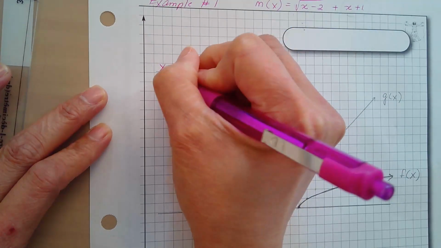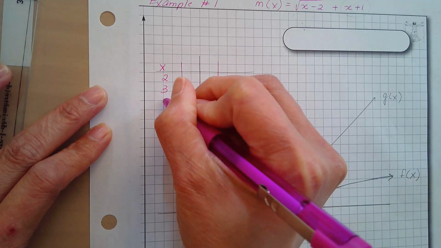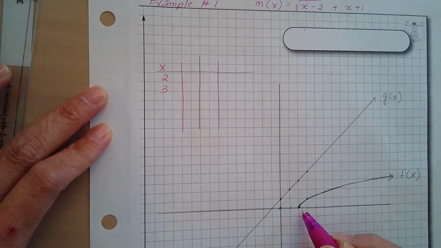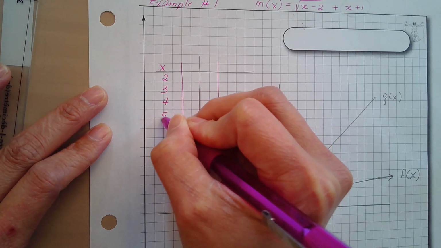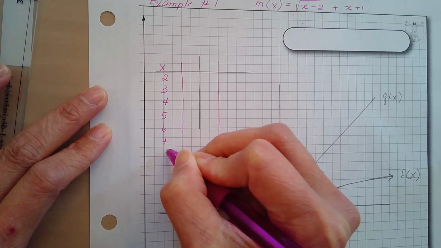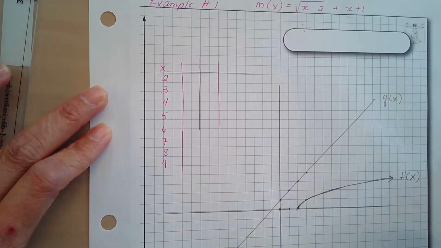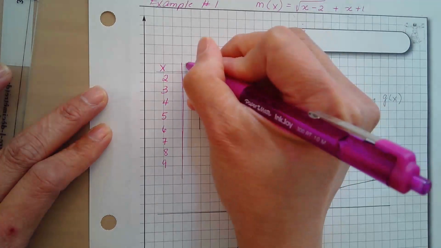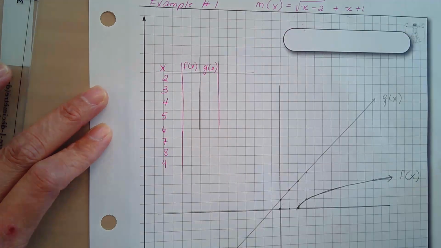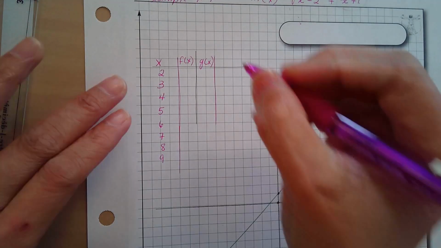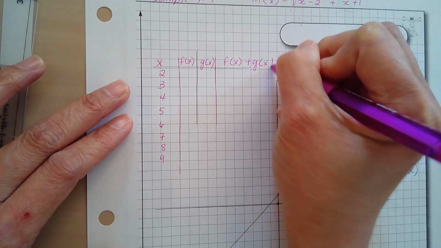So this is x, has to be from 2 to 3 to 4 to 5 to 6 and so on, right? F of x, g of x, and if you combine them together, it's going to be f of x plus g of x.